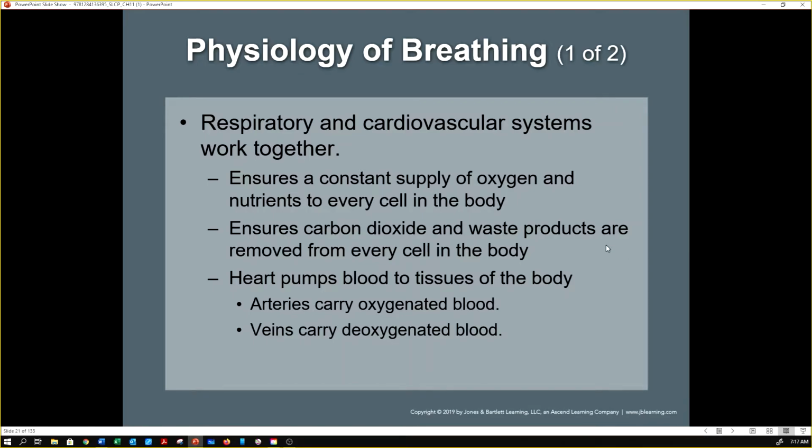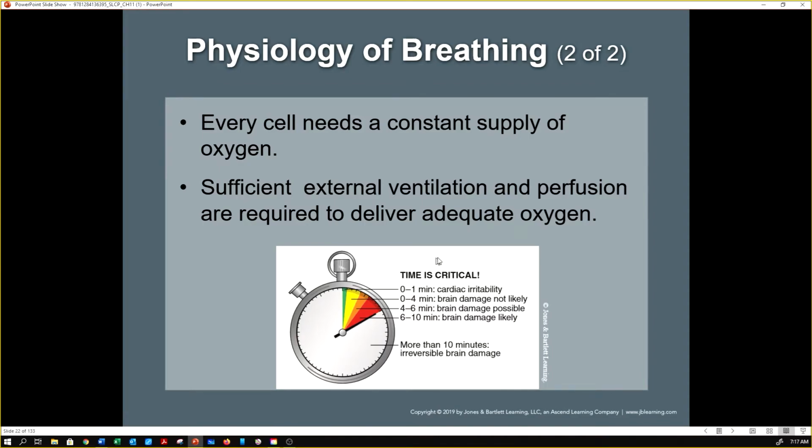And so that's kind of how you've got to look at it. If we have a problem getting the blood to the alveoli to make gas exchange, then we have hypoxia, right? If we can't get the air to the alveoli to be there for the blood to arrive, then we have a problem with gas exchange. So it's that constant supply of oxygen that we so desperately need.